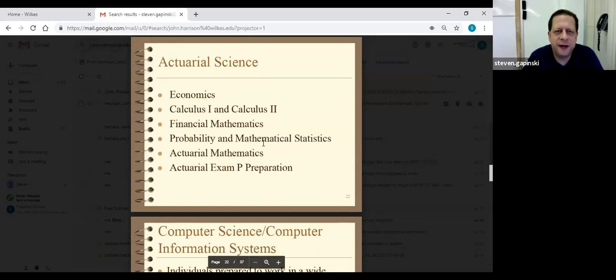Actuarial science is back on the business insurance side of the house. Because of that, the economics background will need to be there, as will the financial math background, okay?